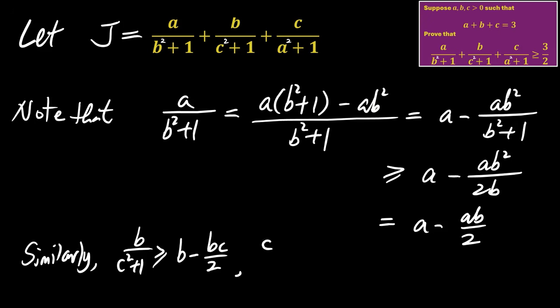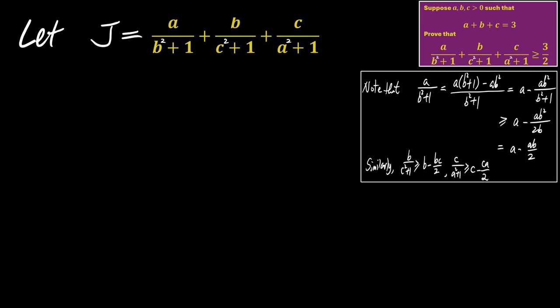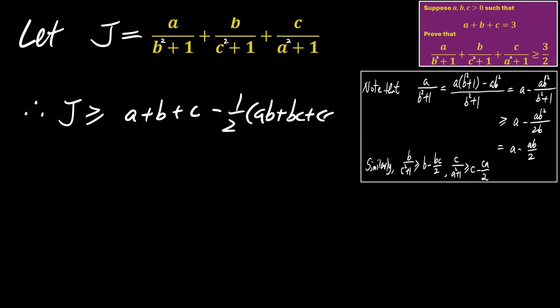And also c over a squared plus 1 is greater than or equal to c minus ca over 2. So with this, we have J is greater than or equal to a plus b plus c minus half of ab plus bc plus ca.